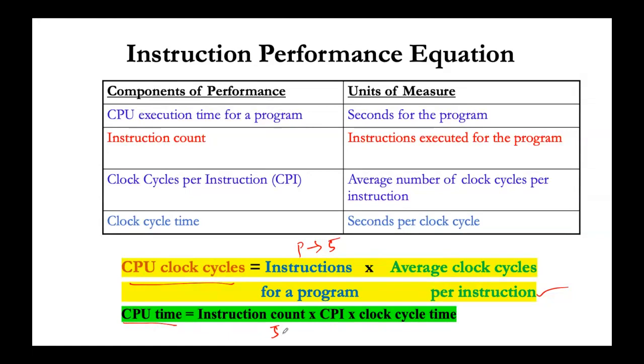Suppose five instructions are there: the first instruction may take 1 cycle, the second may take 3 cycles, plus the third instruction may take 4 cycles, and the fourth may take 1 cycle, plus the fifth may take 1 cycle. Then it gives the average over the total 5 instructions. So that is the average time. And then the clock cycle time.